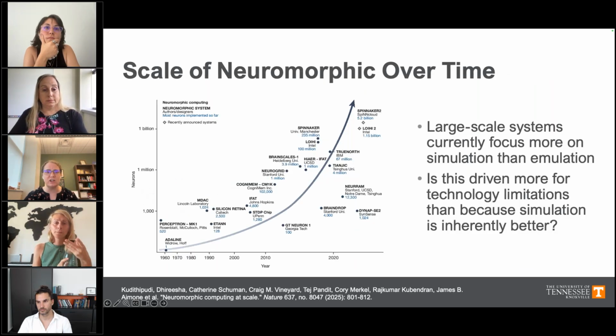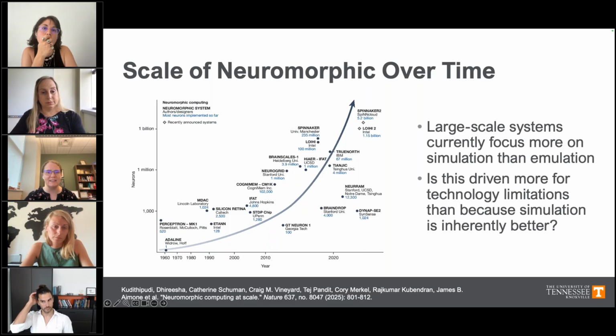Here is a chart showing how neuromorphic computers have grown over time, with those two systems that I showed on the previous slide as the top two points in that chart. Those systems have been demonstrated on a variety of different applications.